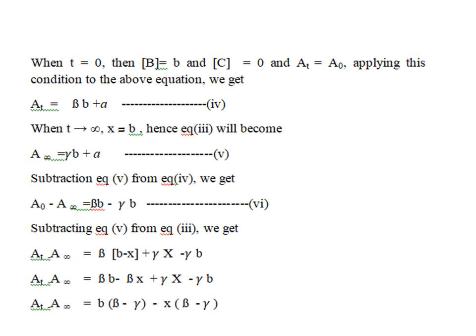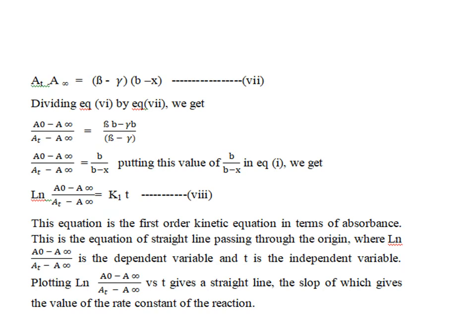Now rearranging this equation, b into (beta minus gamma) minus x into (beta minus gamma), or A_t, that is the absorbance at time t, minus absorbance at infinity, is equal to (beta minus gamma) into (b minus x).